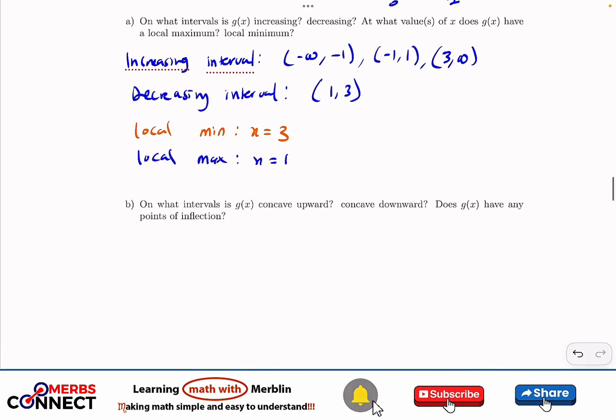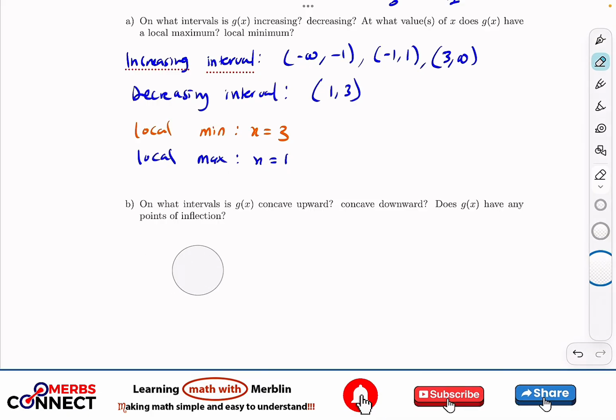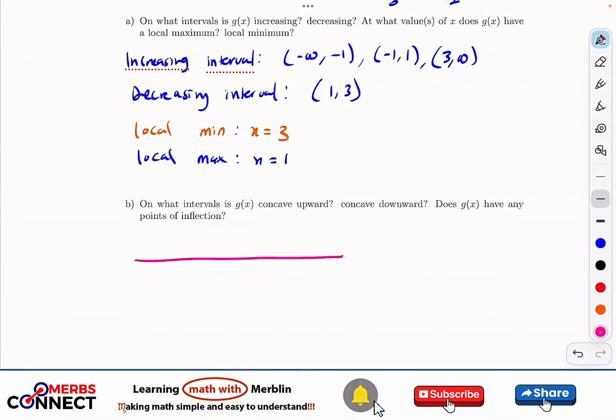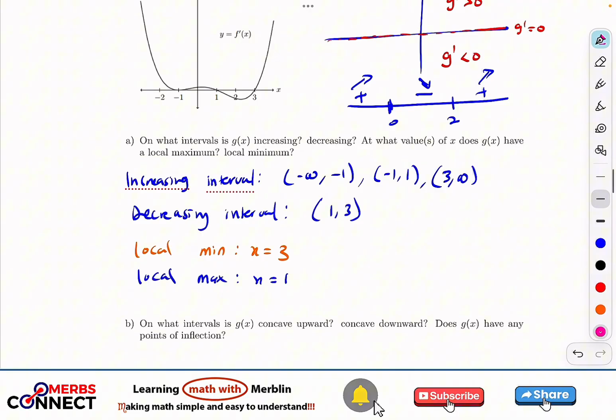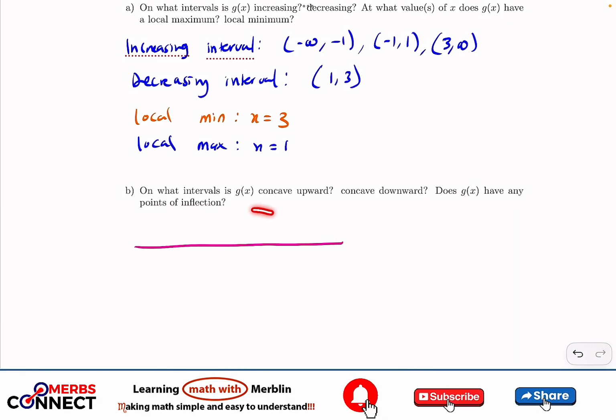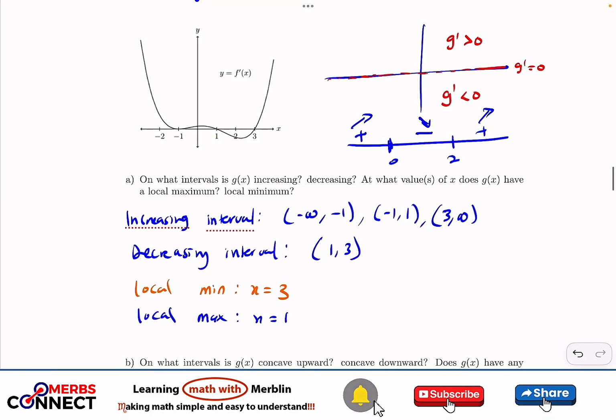Now remember, for us to talk about concave up and down, we need the points that will make the second derivative zero. What are the points that are going to make the second derivative zero? The points that are going to make the second derivative zero are the ones that are going to be the minimum and maximum.